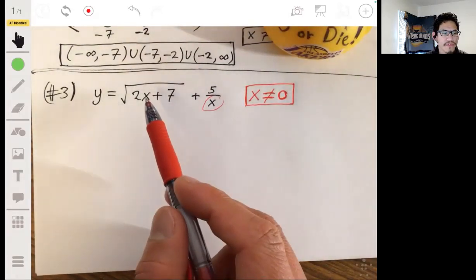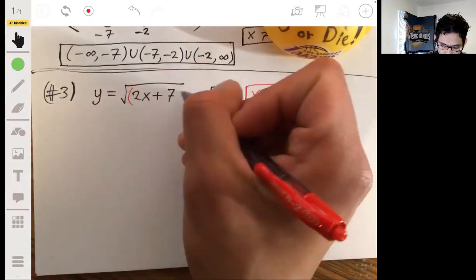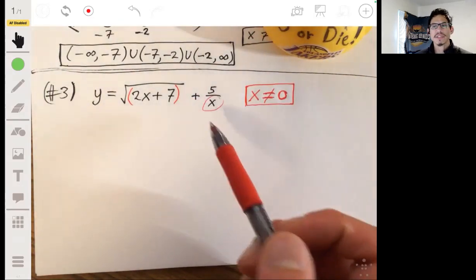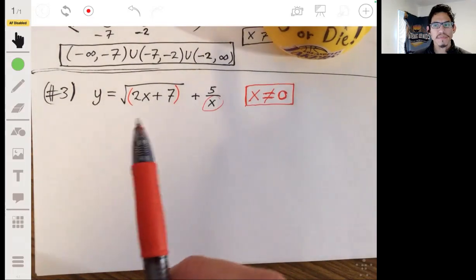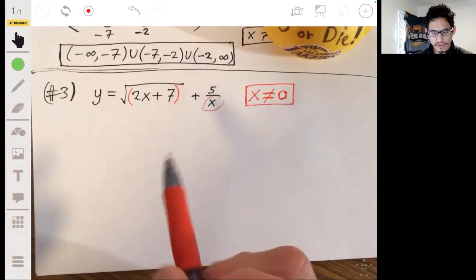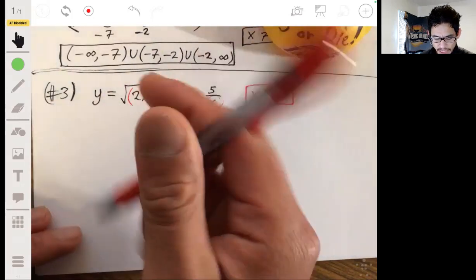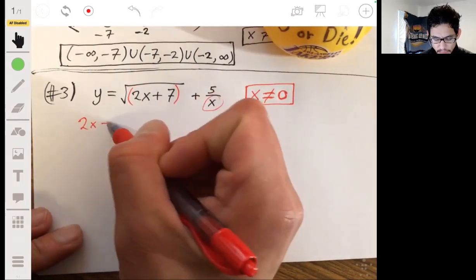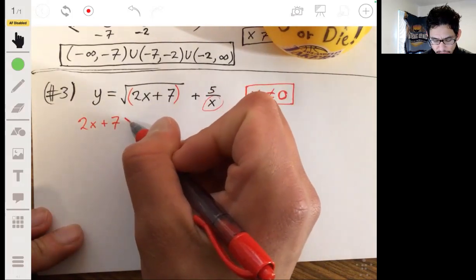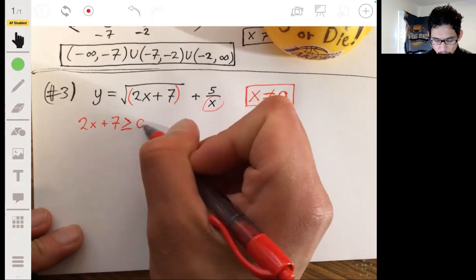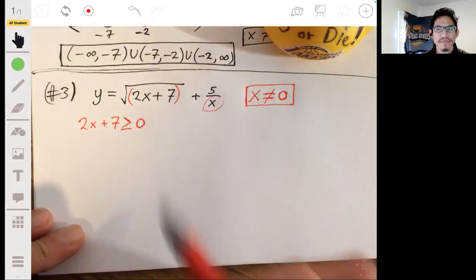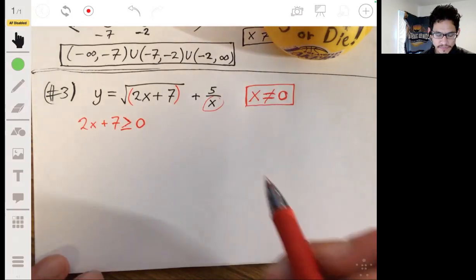Now, for this radical, or the square root function, remember, we can only take the square root of numbers that are positive or 0, so values that are greater than or equal to 0. So we're going to set 2x plus 7 as being greater than or equal to 0, and then solve for the set of values that satisfy this inequality.